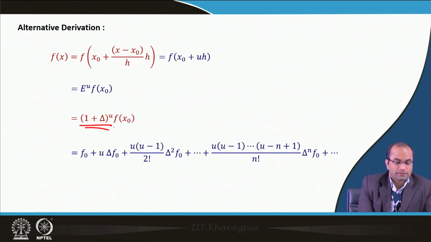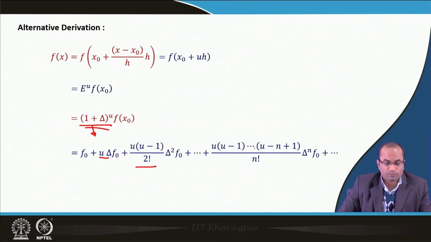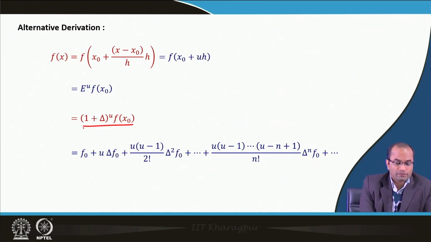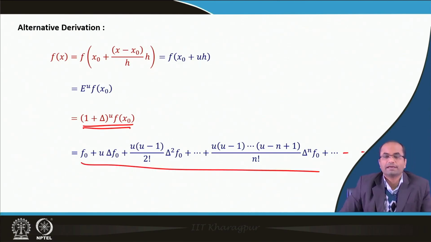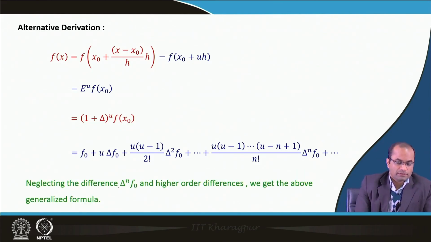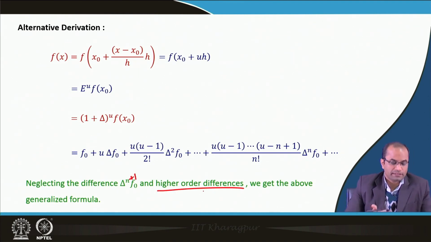So, we have this expansion here, 1 plus u times delta, and then u into u minus 1 over factorial 2, u into u minus 1 into u minus 2 over factorial 3, and so on. So, having that now we got exactly this formula, but there are infinitely many terms. So, we have to truncate this. So, neglecting the differences of n plus 1 and higher order differences, we get the above formula.